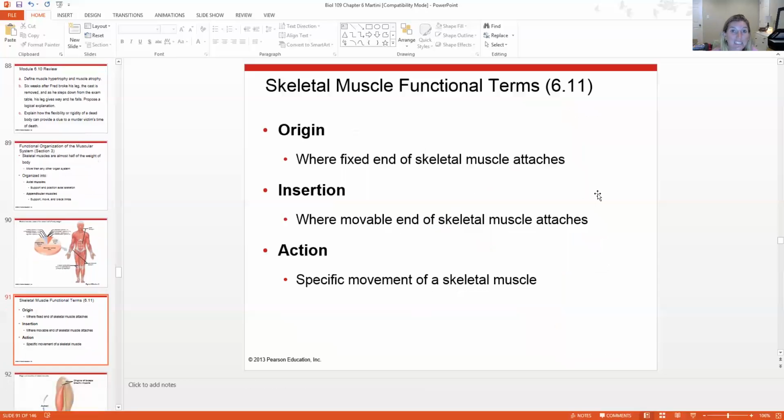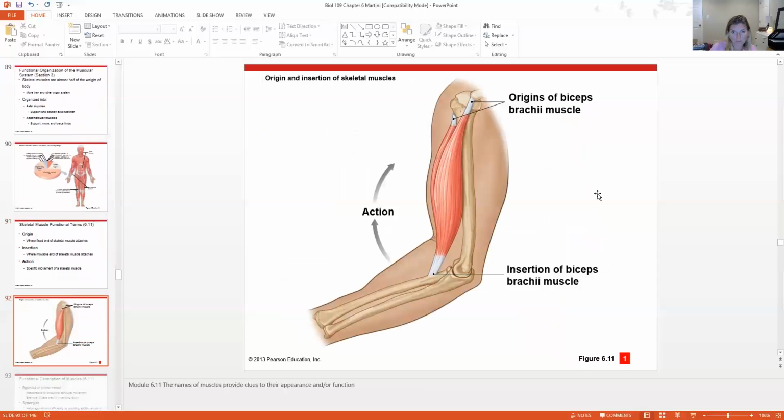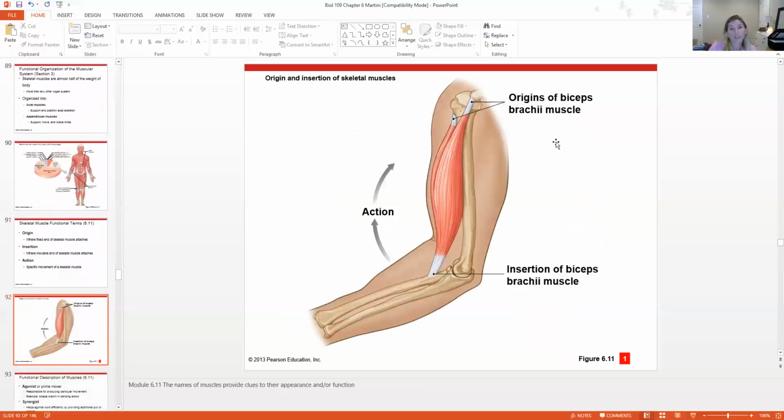It's flexing, extending, etc. So here you see our biceps brachii muscle. The origins are usually proximal to the body, so they're usually close to the body. The origin of the biceps is up here on the head of our humerus and the acromial process. The insertion is on the movable part down here. It's on our radius, and the action is flexing.